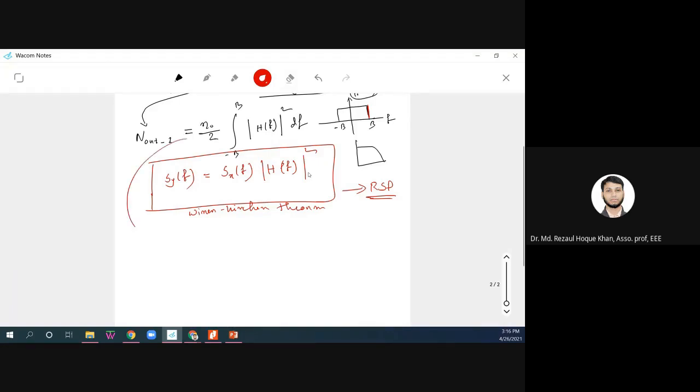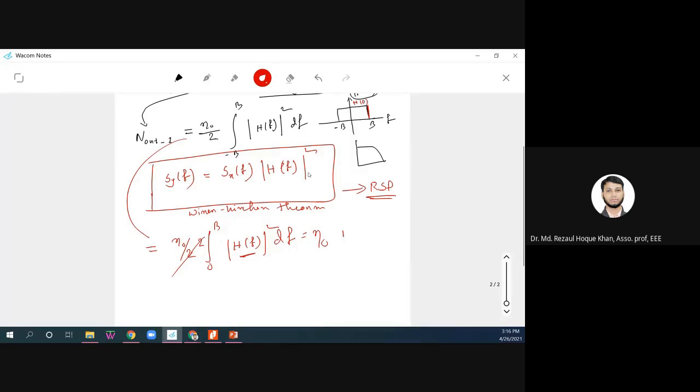So if we solve this equation, we find eta 0 by 2. Minus B to B, we can write as 0 to B by multiplying by 2, so these 2 and 2 cancel. So we have |H(f)|^2 df, so eta 0. What is |H(f)|^2? This transfer function, this amount here. We can define it by H0 as the height.